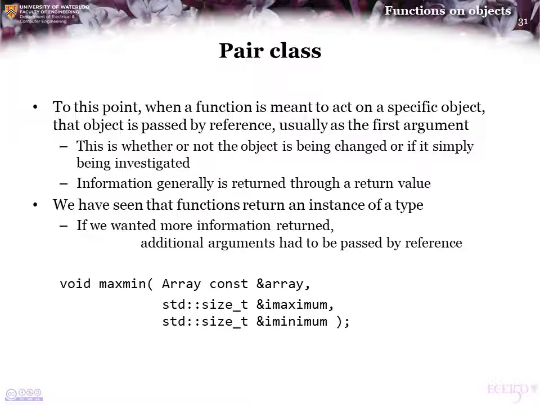Up until now, if we wanted to return both the maximum and the minimum entries, or more specifically, the indices at which those maximum and minimum occur, we would have to pass two variables by reference as the second and third arguments. The function would then assign to those arguments the appropriate indices at which the maximum and minimum occurred.